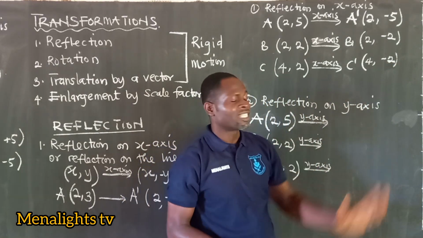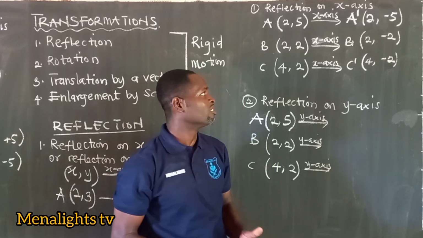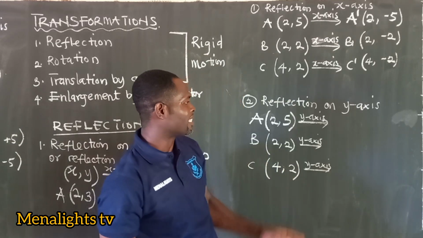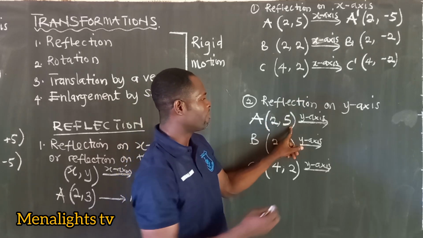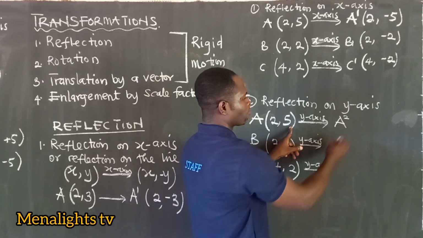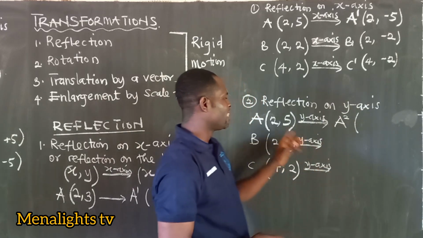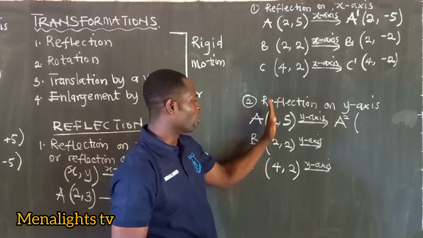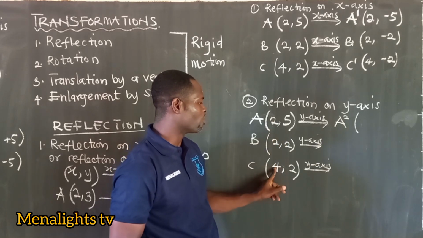Now let's come to reflection on the line x is equal to 0, or reflection on the y-axis. Reflecting on the y-axis, when we have (2, 5), this image A2 is going to be here. The x-coordinates will be negative. So all these ones will be negated.